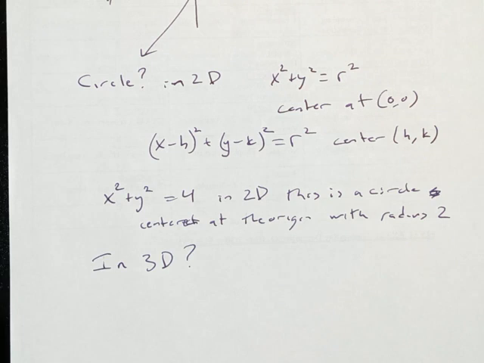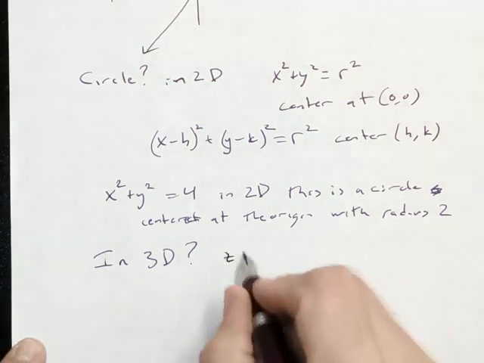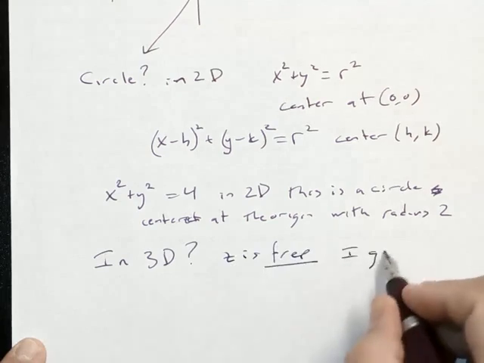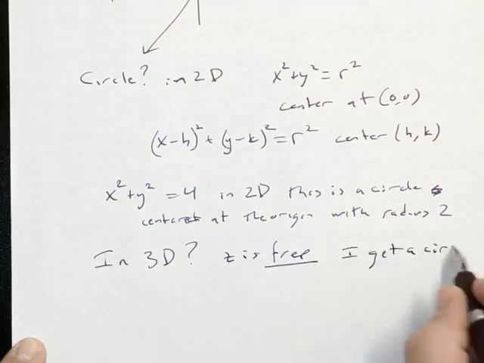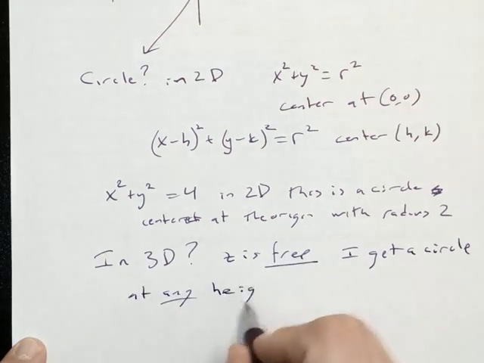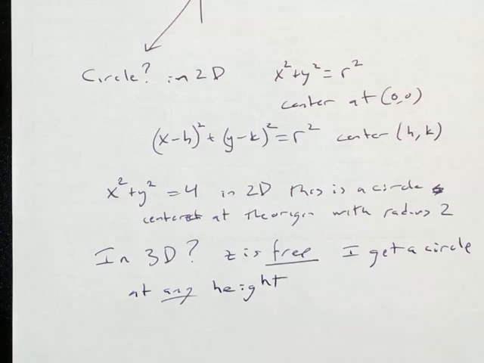So I have a free variable, the ability to say, oh, z can be anything I want. I get a circle at any height. And that means I have infinitely many circles stacked up one on top of the other. That is a cylinder.